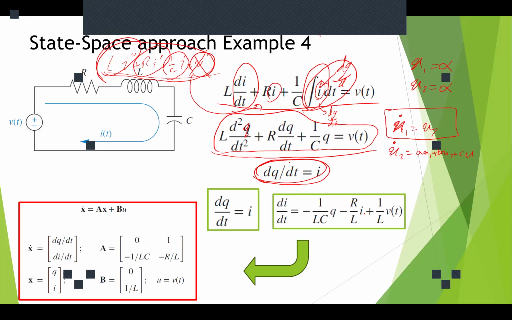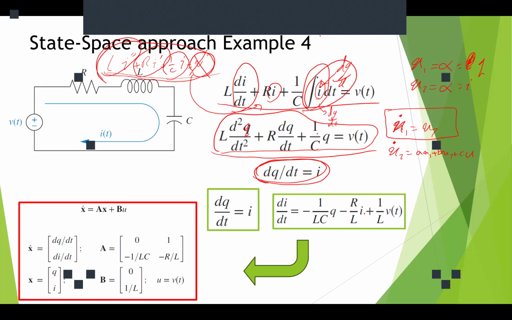So we are going to define x2 as I and x1 as q. I am taking advantage of the trick we did to develop that second order equation.